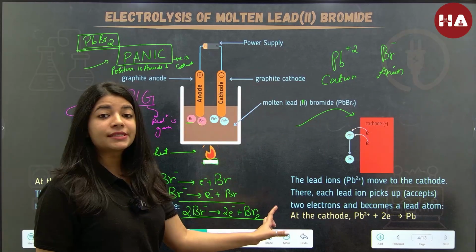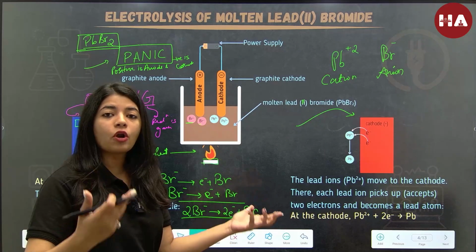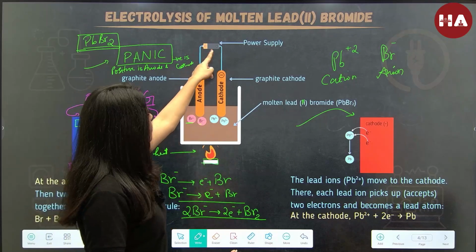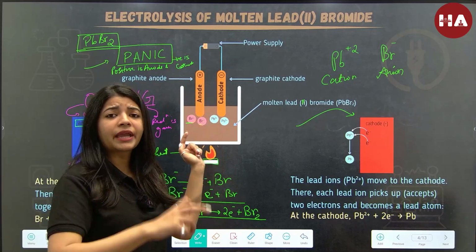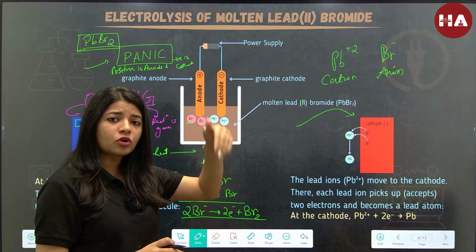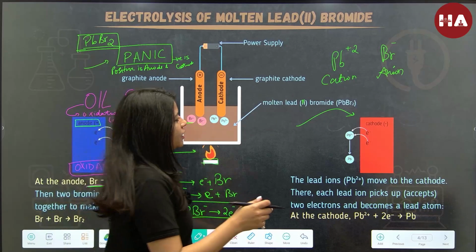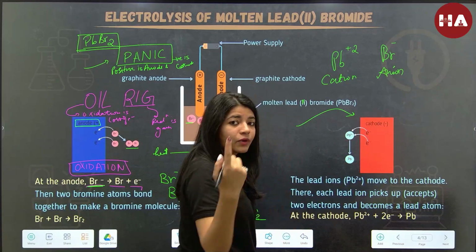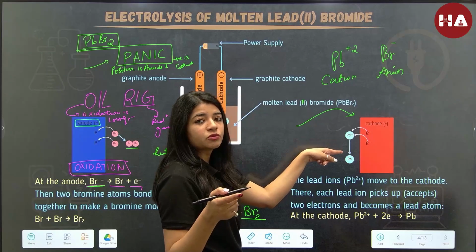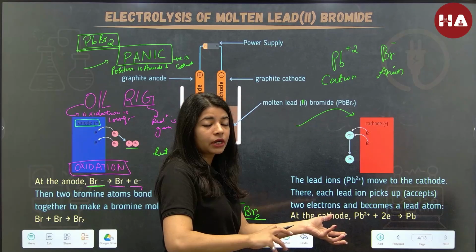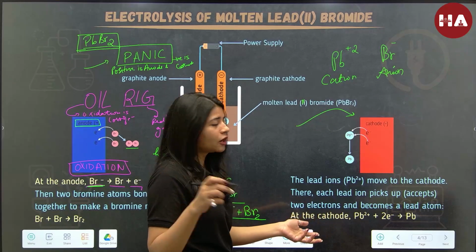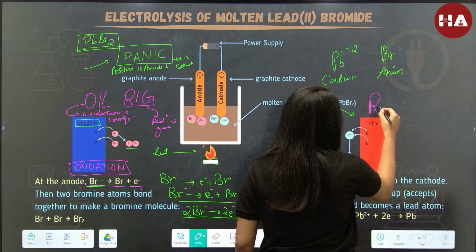Cathode is a negatively charged electrode. It means it is already rich in electrons. Why? Because it is present at the negative terminal of the battery, so all the electrons are pumped into the cathode, right? Now because cathode is electron rich, positively charged species will come and gain electrons from it, and gaining electron is known as reduction, right?